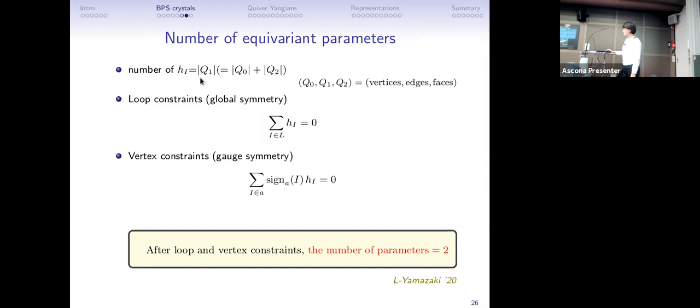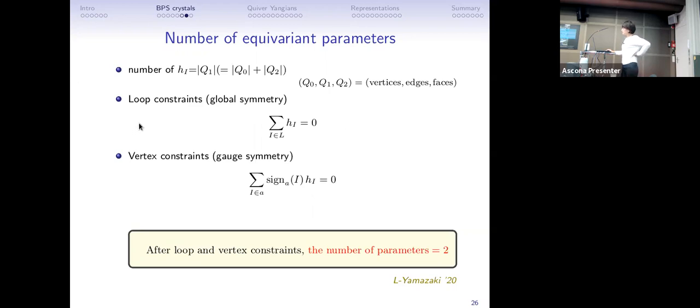When you start, you have the number of arrows, and then I already said that we want to impose a loop constraint, which corresponds to the global symmetry of the theory.